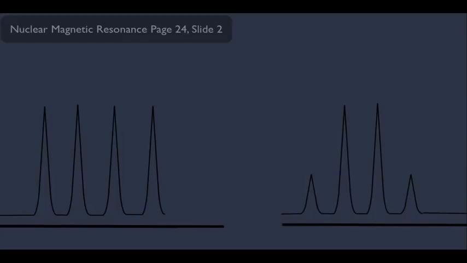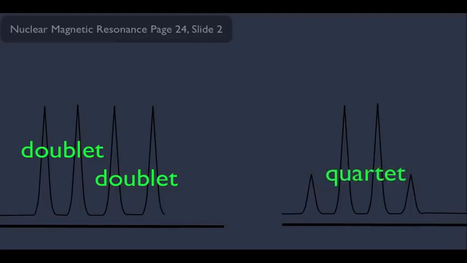And also, we know why it looks like that. So we wouldn't see the peaks on the left as a quartet. More likely, we would see it as a doublet next to another doublet. And we would perceive this as the quartet. So we're doing more than just counting the number of peaks split, we're also paying attention to relative heights.